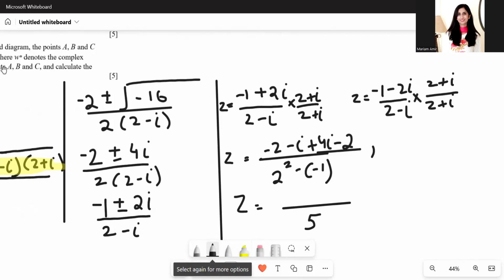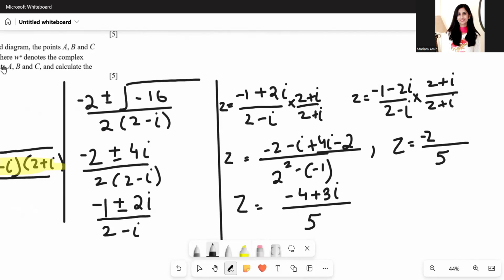And in the numerator, we have negative 4 plus 3 iota. And here we have 5 in the denominator, we've already done that. And the numerator becomes negative 2, negative iota, minus 4 iota, and minus iota squared, which is plus 2. So we're getting minus 5 iota over 5, which is just 0 minus iota.